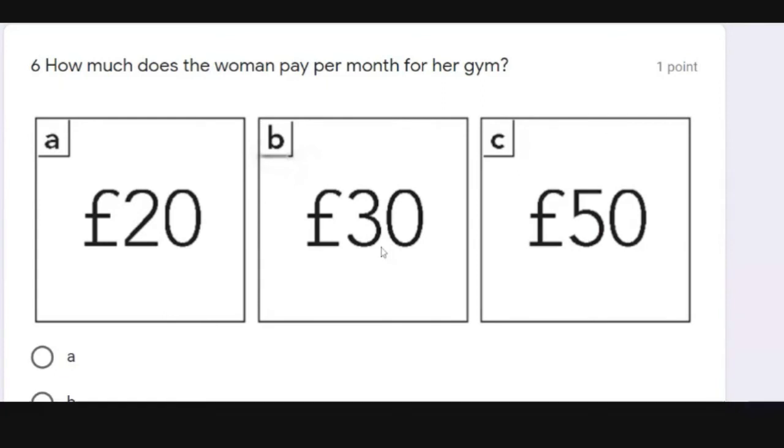Okay, B. Aishwarya, can you please read? 30 pounds. So most of the time in Malaysia, we read it as "thirty", right? Actually, the accurate sound is "thirty". I want you to try to read this on your own.